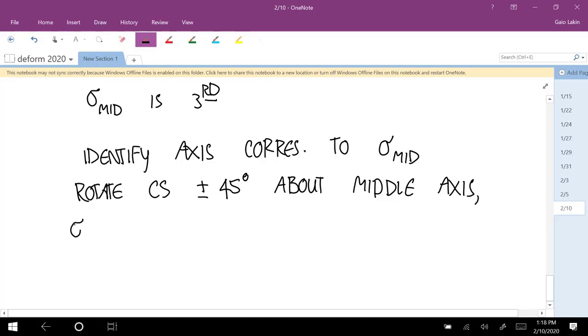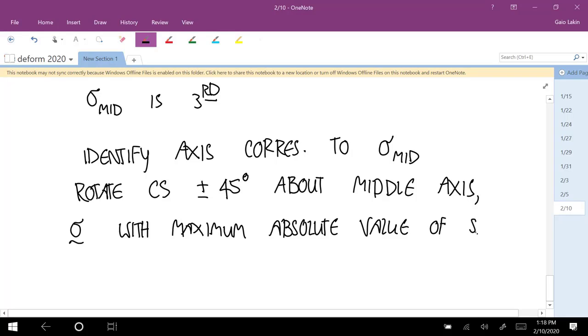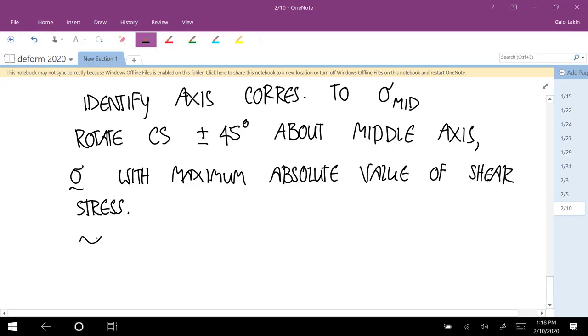It'll give you a stress tensor with the maximum absolute value of shear stress. And absolute value, tau max, is going to be equal to sigma max minus sigma min divided by 2.